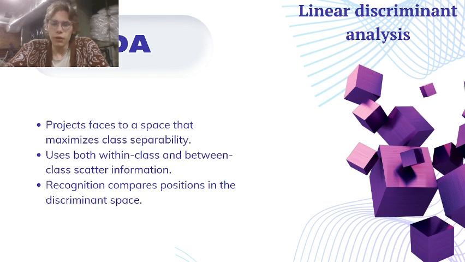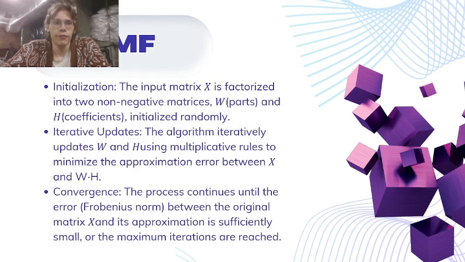NMF, it's quite a new thing. So it has three parts. The input matrix X, which is the face photo, is factorized into non-negative matrices V and H. V is parts and H are coefficients. Initially random. Iterative updates.